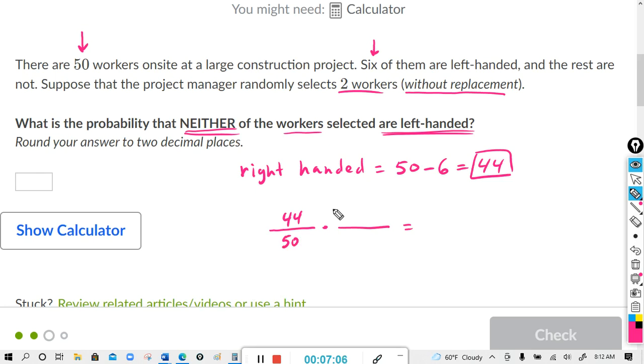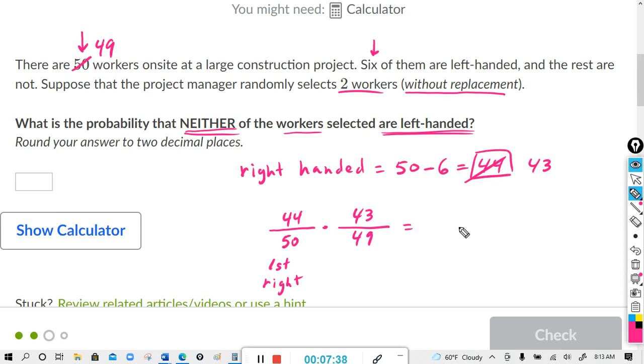And then when we select the first one that's right-handed, the number of right-handed reduces to 43, and the total reduces to 49. So for the second choice, it's going to be 43 out of 49.